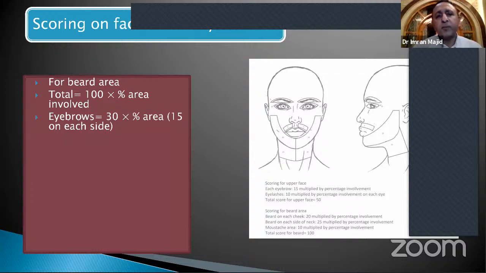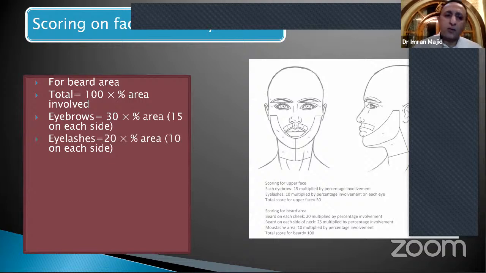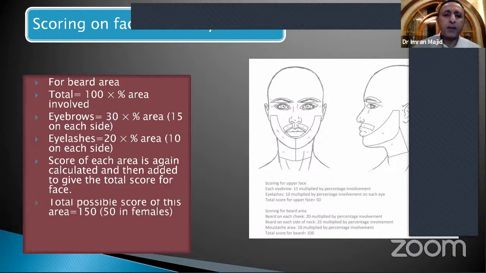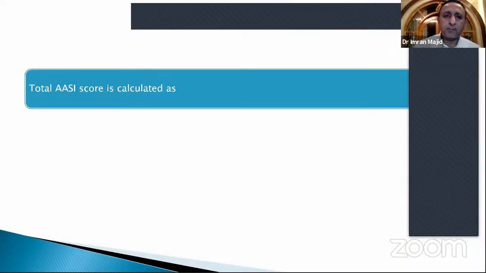So for beard area, it is 100 into percentage area involved. For eyebrows, 30 into percent area involved. Eyelashes, 20 into percentage area involved. Then the score of each area is calculated and added to give the total score for face. And as said earlier, the total possible score is 150 for males, or 50 for females.